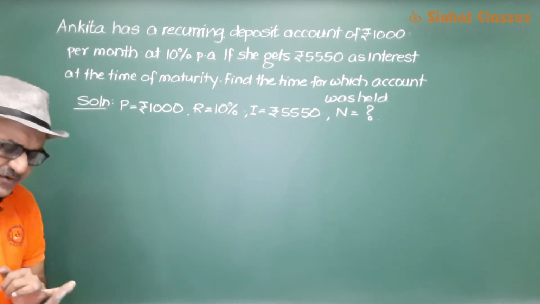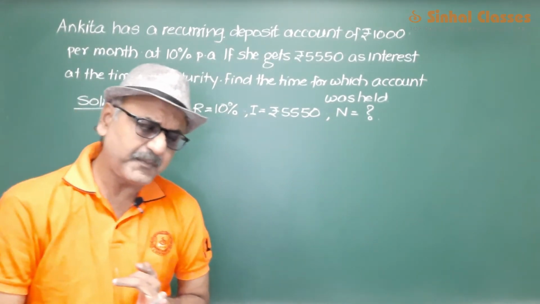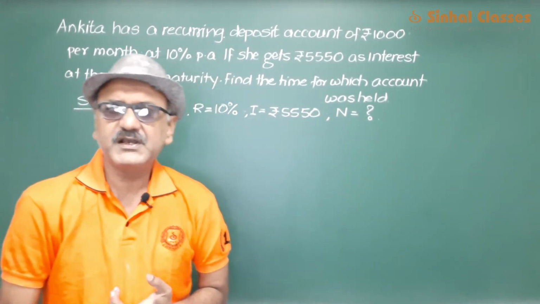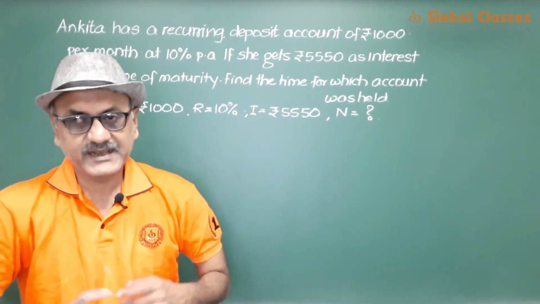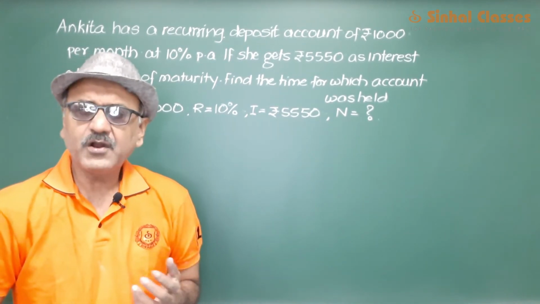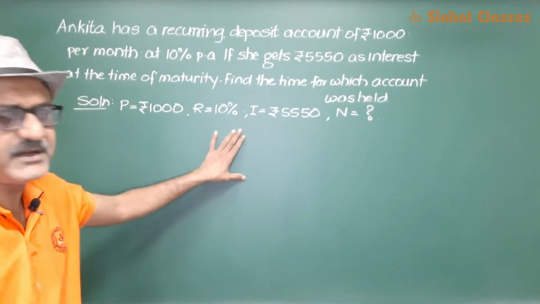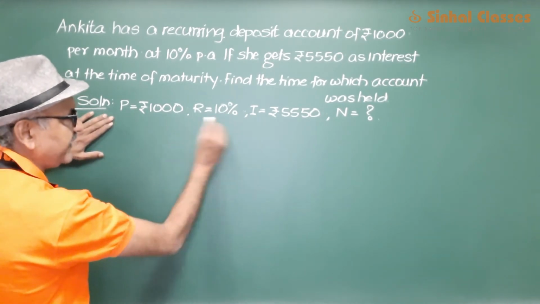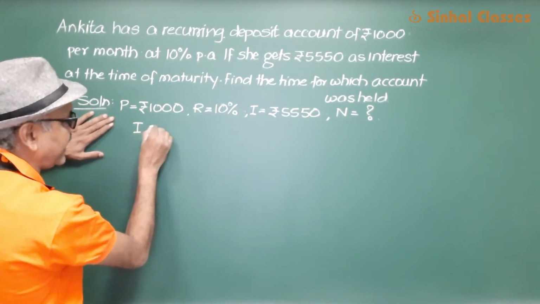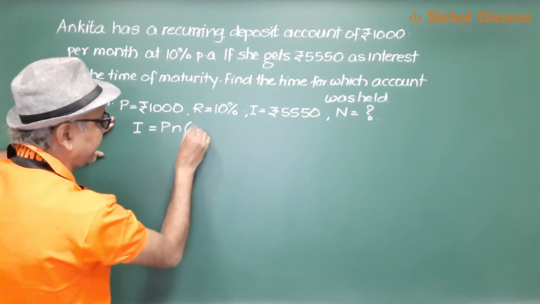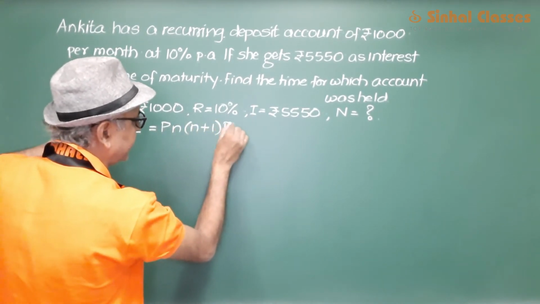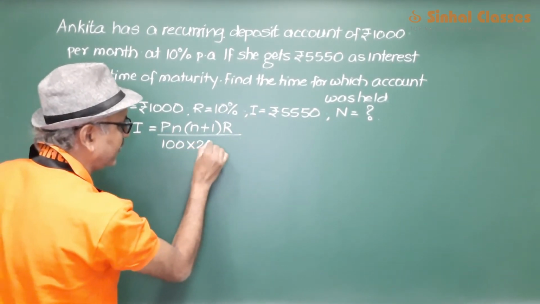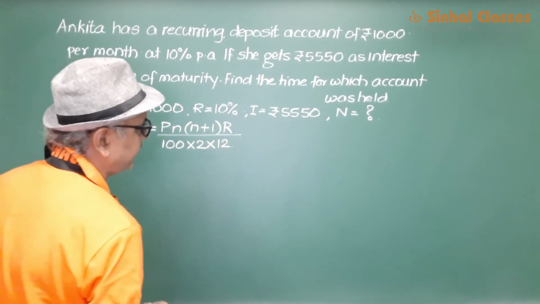Now in any question, if you're trying to find out MV, P, I, or R, such problems are comparatively easier because the calculation there is not very complicated. Here the complication is basically with the calculation part. What we do is, we write the formula for I. I is equal to P n plus 1 R upon 100 into 2 into 12.